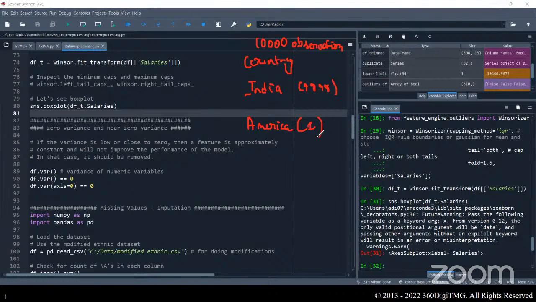This is what we call a zero variance or near zero variance feature. We don't use these columns because they don't add anything useful to our machine learning algorithms.